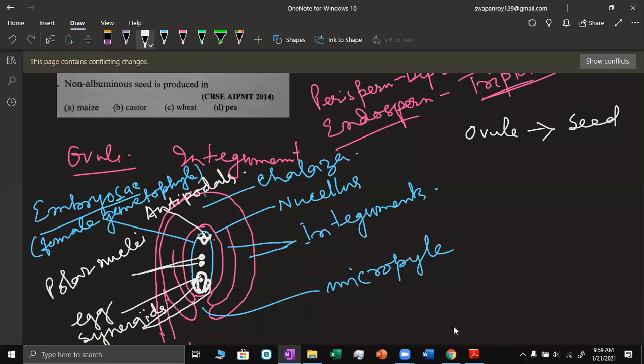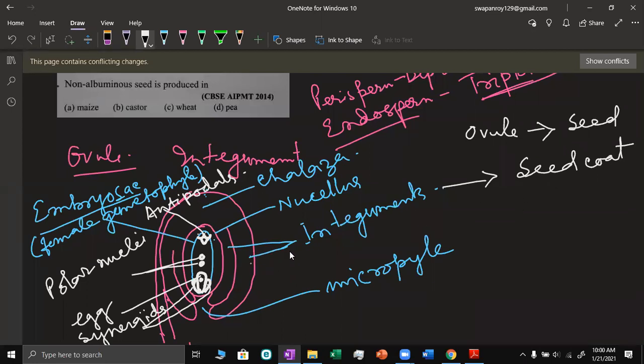In the seed, the integuments form the seed coat.